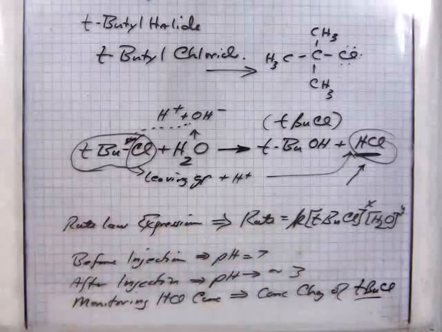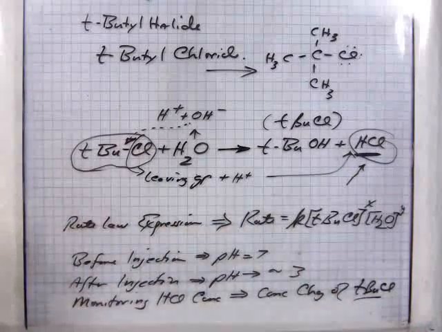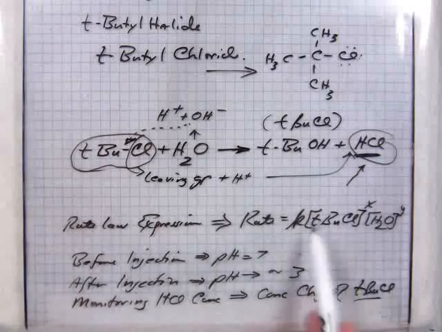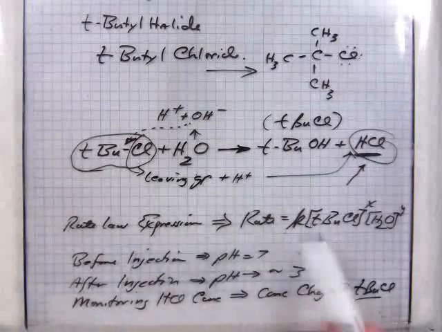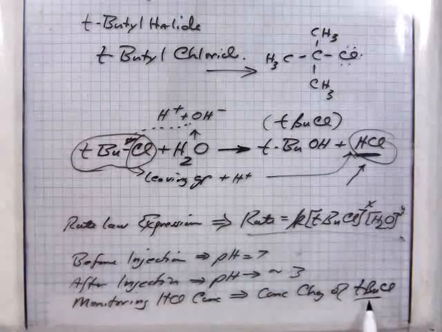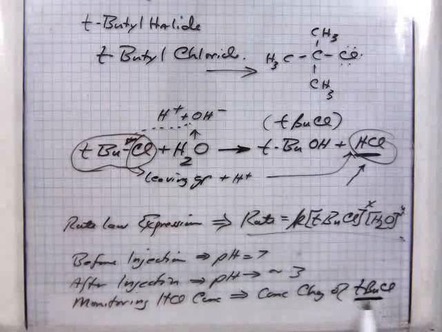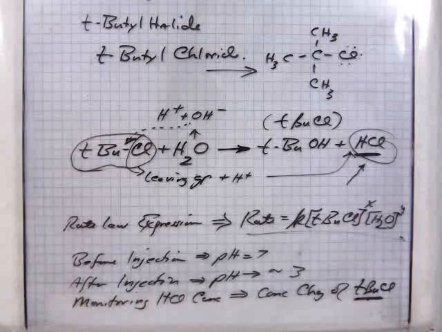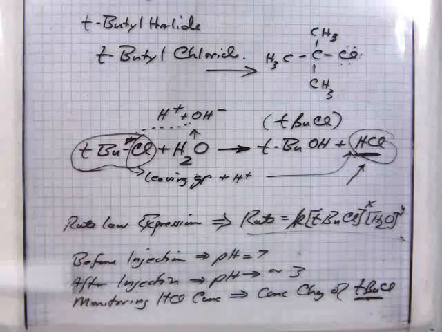In a minute I'll show how H2O will fall out of this reaction. But right now, what I've taught you is that the rate law expression is this, but we can monitor anything and translate whatever we monitor in terms of whatever's on the reactant side. This is one of the things I want you to understand about how the experimental process works.